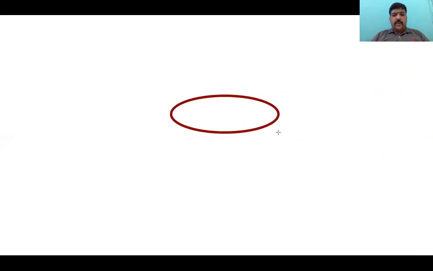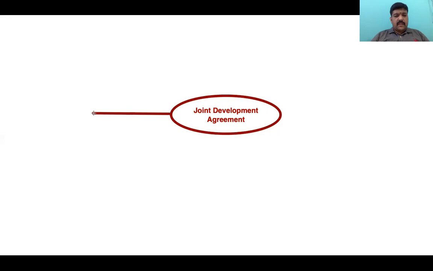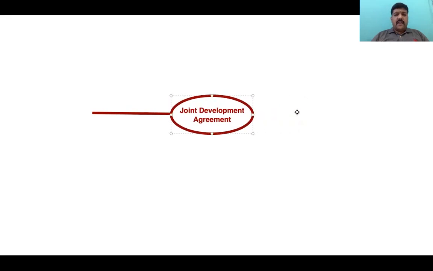There is a landowner who is interested in transferring his floor space index or development right, or whatever he has.